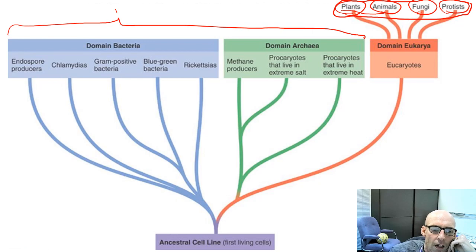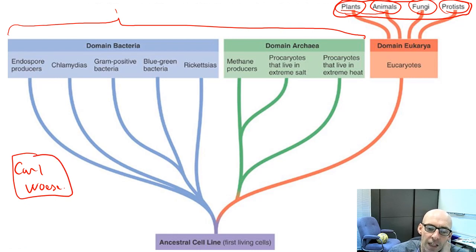And then Carl Woese, much more recently, in the 1980s and 1990s, he added another layer. So above kingdom, he added a domain. So the only main change to Linnaeus' system is we now have 3 domains. First domain is bacteria.